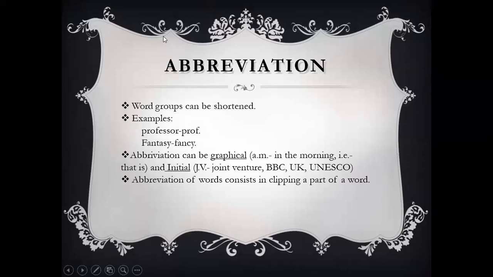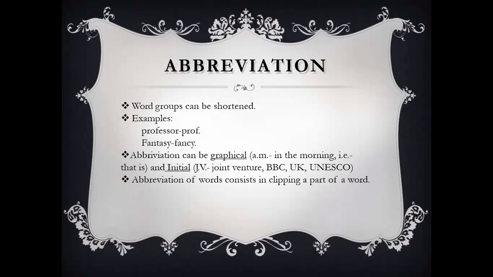So abbreviation, we all have heard about this type of word formation. Abbreviation is when words or word groups are shortened. For example, professor became prof. Fantasy became fancy maybe. And abbreviations can be of two types: graphical and initial.